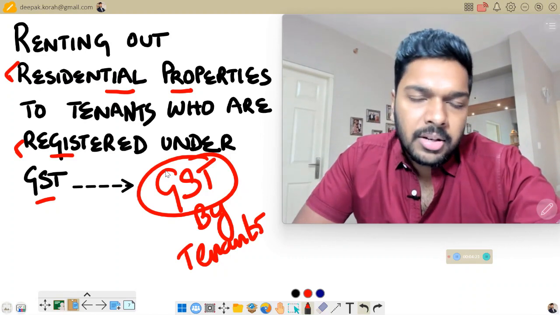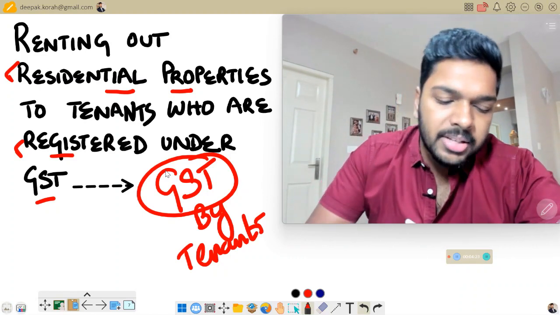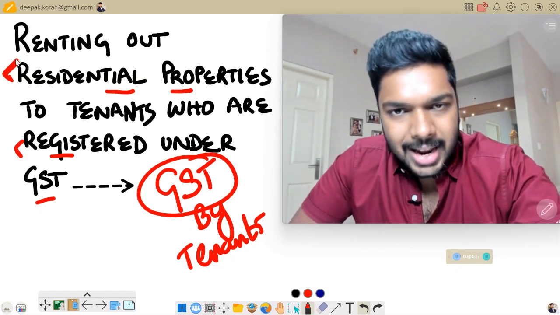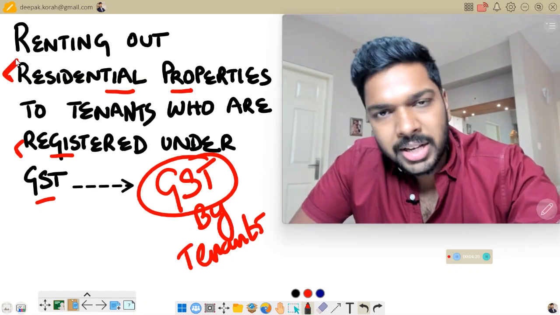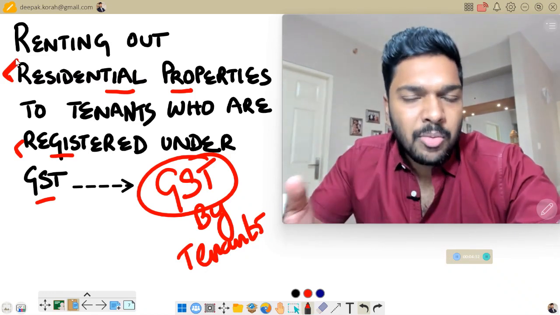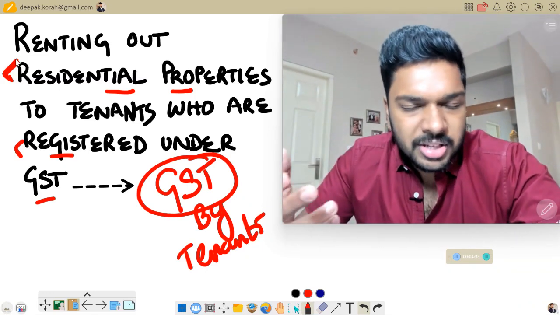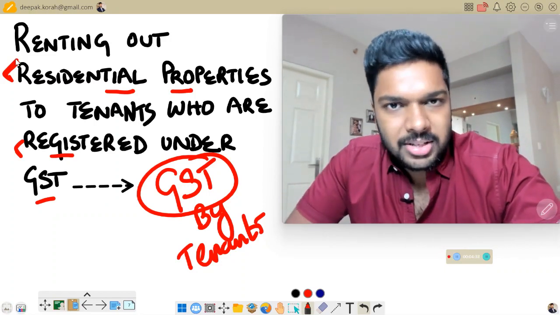But what if the tenants are unregistered and the properties are residential properties? You go back and see the status of the landlord. If it is of commercial nature and the landlord is registered, he will be liable to collect GST. If they're using it for residential purposes only, then there's no GST in question.